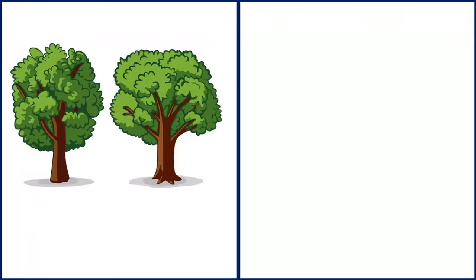Now it's your task. You have to tell me how many things you can see. First, tell me what they are. Yes, you are right, they are trees. First count and tell me how many trees there are. Yes, two trees.